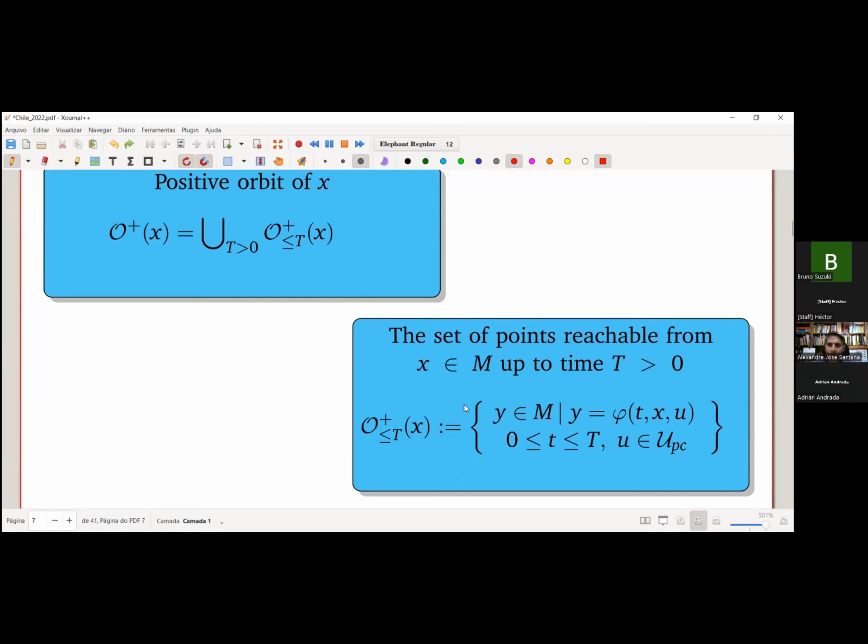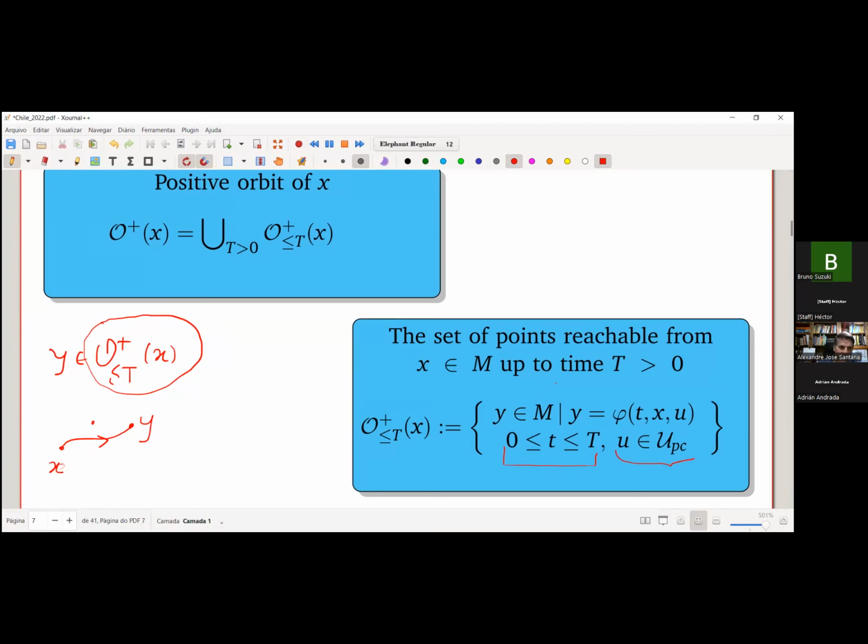So it is the reachable points from x up to time T. What does this mean? An element y in this positive orbit up to time T from x: here we have the point x, and this set is the set of every y that we can reach from x using time between 0 and this capital T and u in the set of piecewise constant functions.